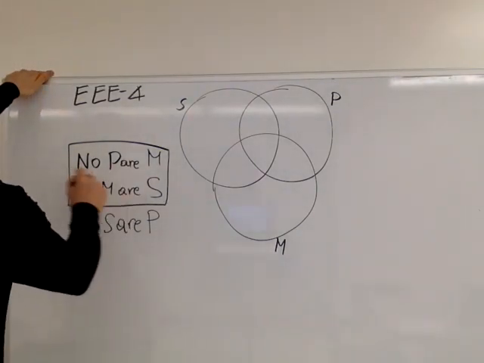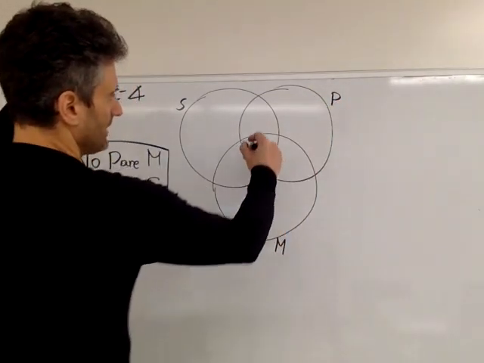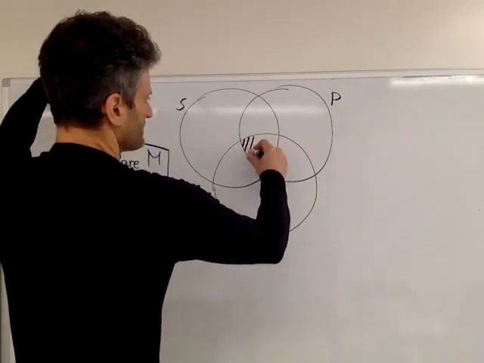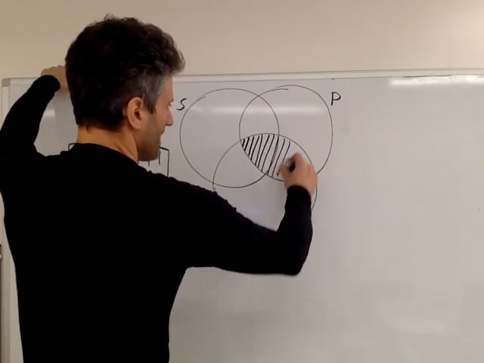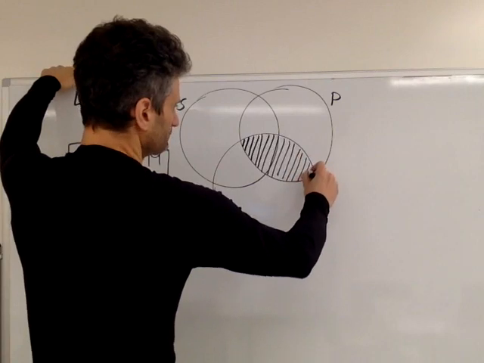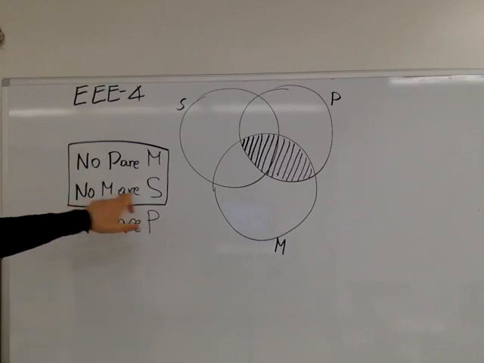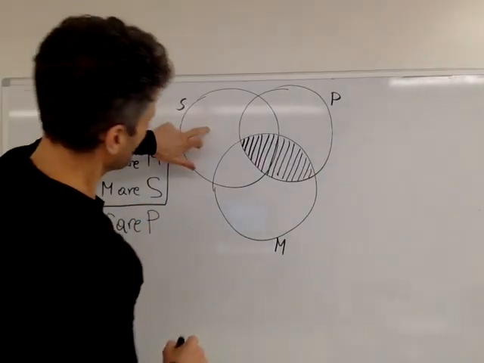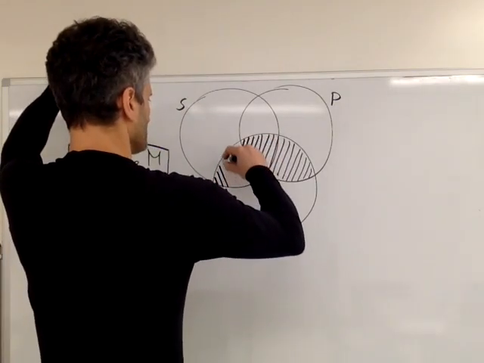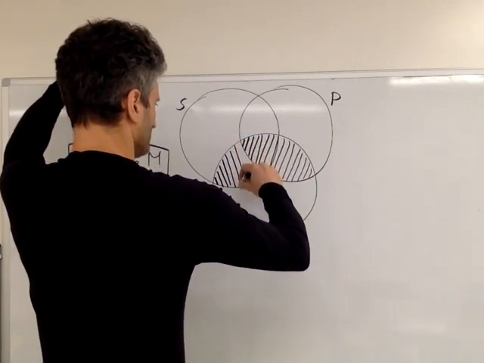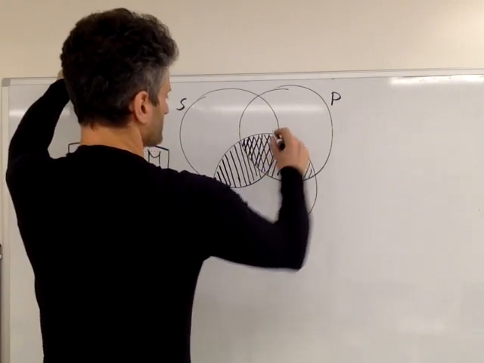So the first premise, no P or M. This is P, this is M, and in order to represent that statement, I need to shade area 2 between P and M. Second statement, no M or S. So this is S, this is M. So I need to shade the entire area 2, even if there is already shading.